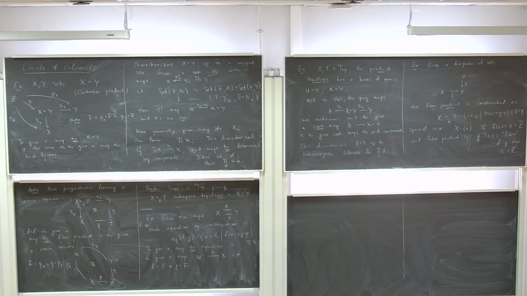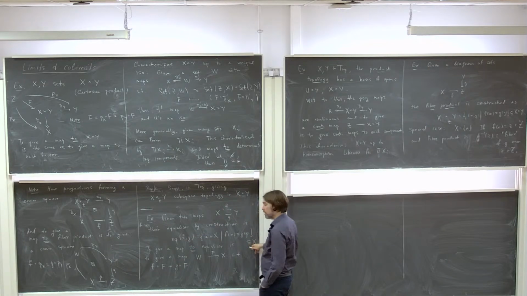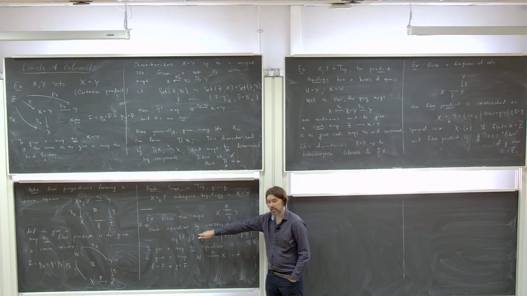There is a map from double V to X, and it's saying that if little f big is g little f big, but it looks like we define not only the map to the equalizer, but to the whole X. Yes, but I'm claiming that any such map to X with these properties lands in this subset of X. You mean that the image of big F lands in the subset.